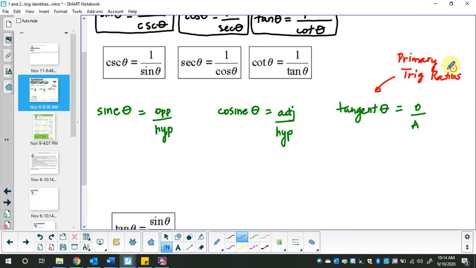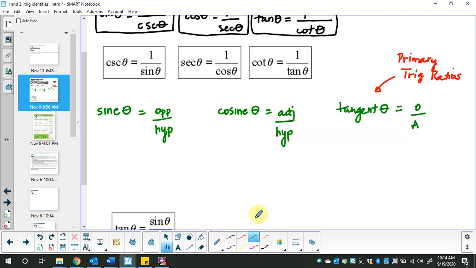So what that means is they are the first 3, so they're the important guys, sort of like the primary colors make up all the other ones. So everything comes from these. They're trigonometry and they're ratios, meaning a fraction of information giving you more information.